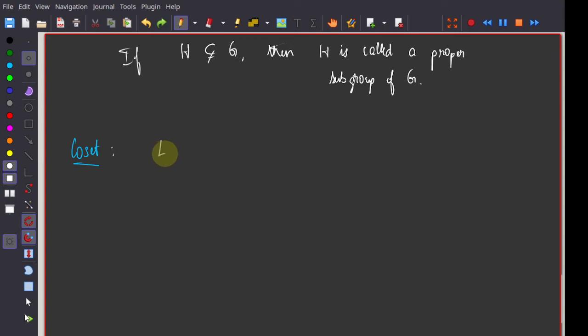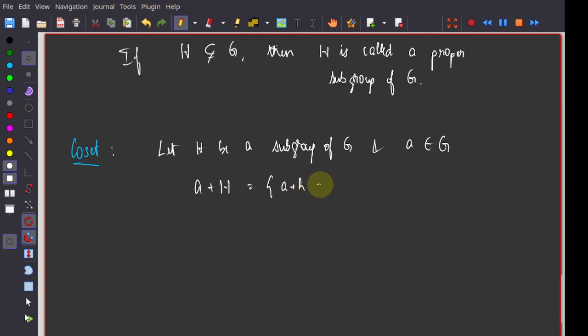Let H be a subgroup of G, and let A be any element of the group G. Then A plus H, which is the set of all A plus h, for h in H, is called the left coset of H, but just omit the in G. And H plus A is called a right coset.